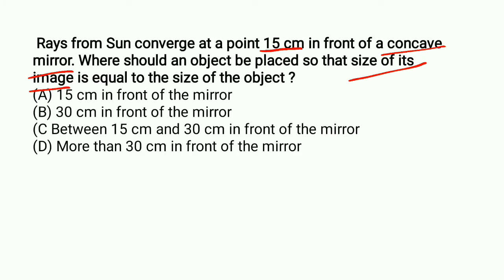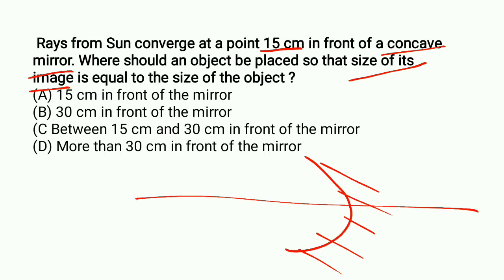So here we have a concave mirror, that is bulging inwards, and the rays are coming from the sun and they are converging at the point 15 centimeter in front of the concave mirror.